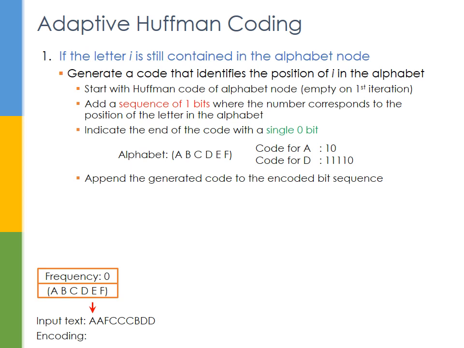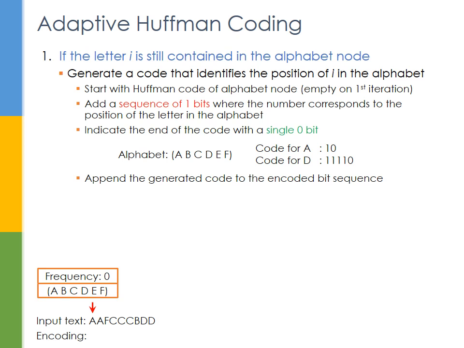And then, of course, once we've generated this code, it needs to be appended to the encoded bit sequence. All right, so let's look at our example over here. We're trying to encode the letter A, and we see that the letter A is still contained within the alphabet node. So therefore, we need to generate a sequence of bits which indicates where A is positioned within the alphabet.